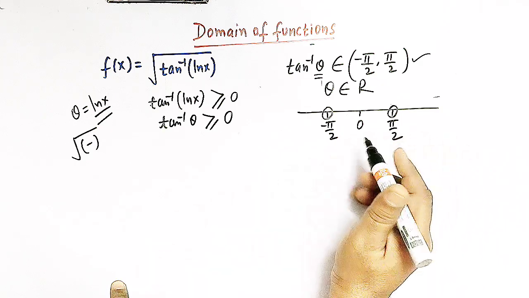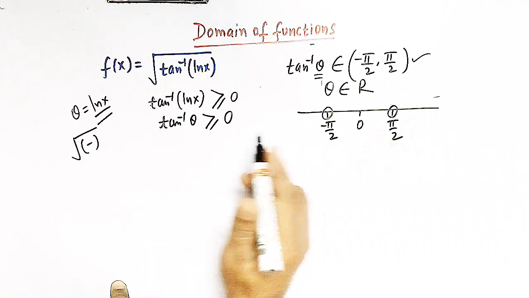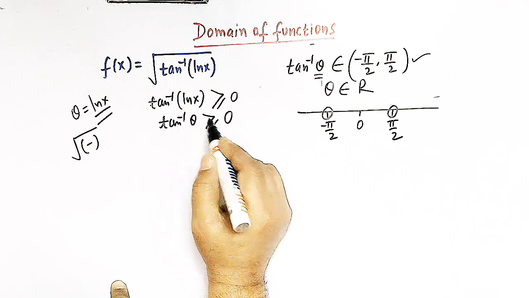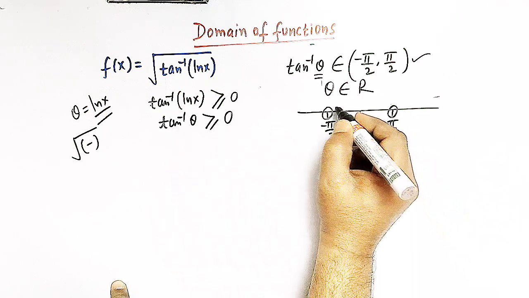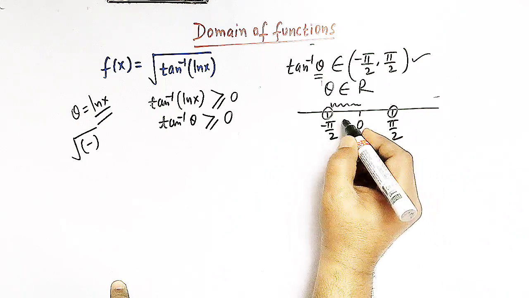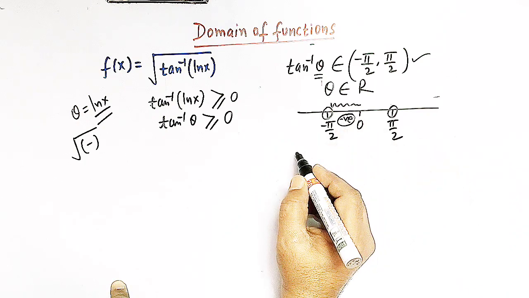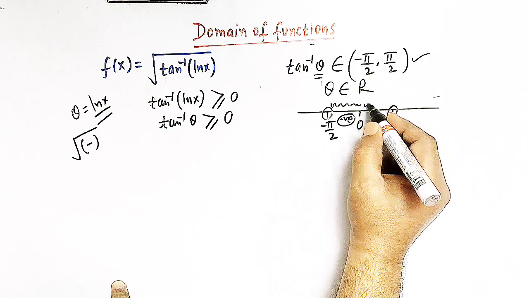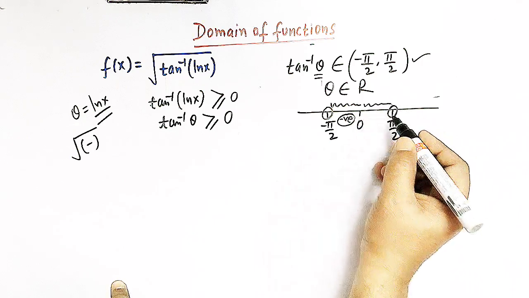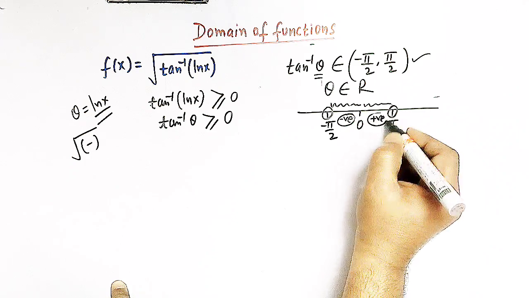Now let us come to this diagram, the real number line. Tan inverse theta is greater than or equal to 0. From minus pi by 2 to 0 we have the negative quantities, and from 0 to pi by 2 all the numbers are positive.